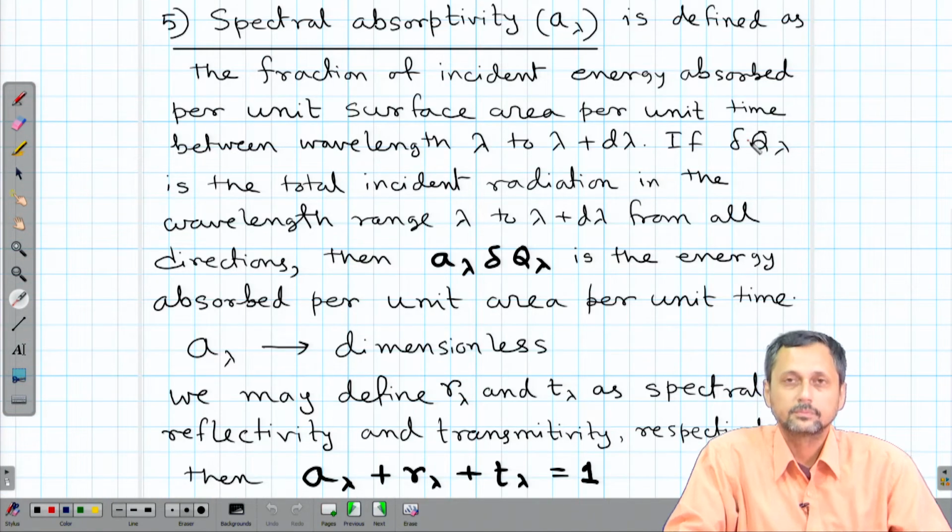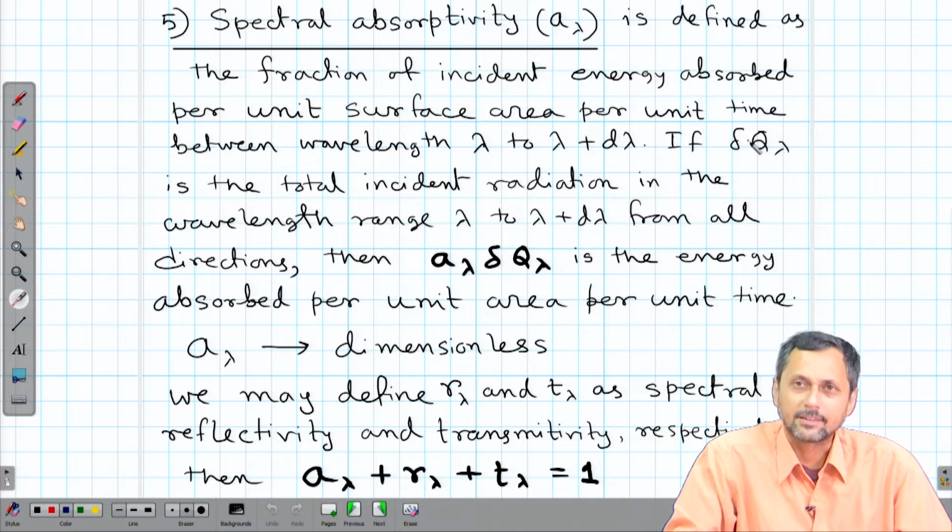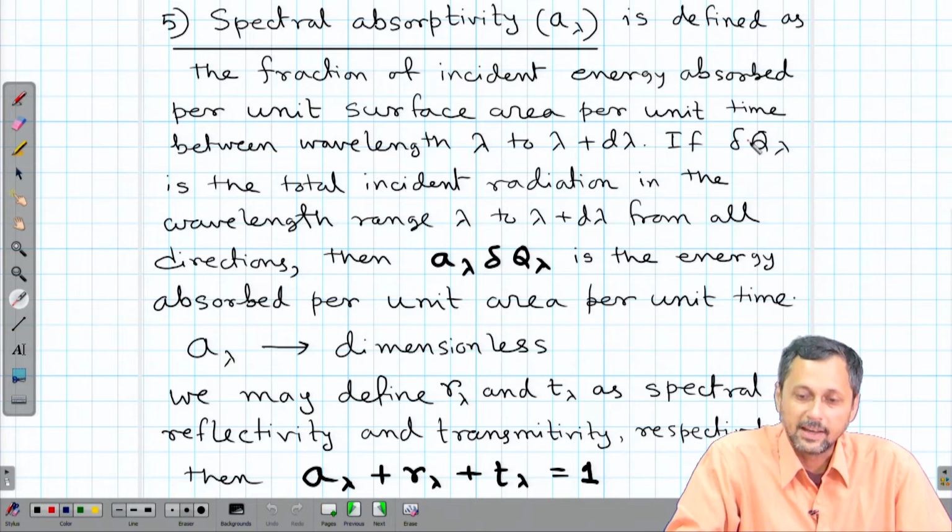Okay. Next is spectral absorptivity A lambda, which is defined as the fraction of incident energy that is being absorbed per unit surface area per unit time between wavelength lambda to lambda plus d lambda.